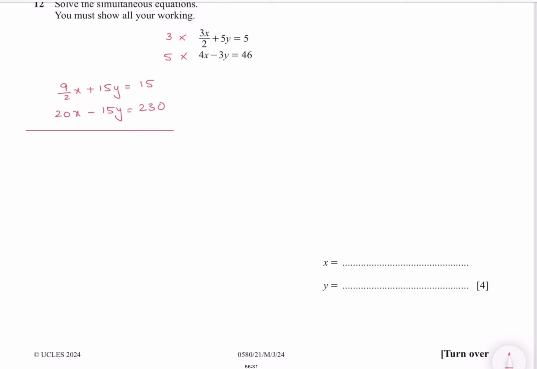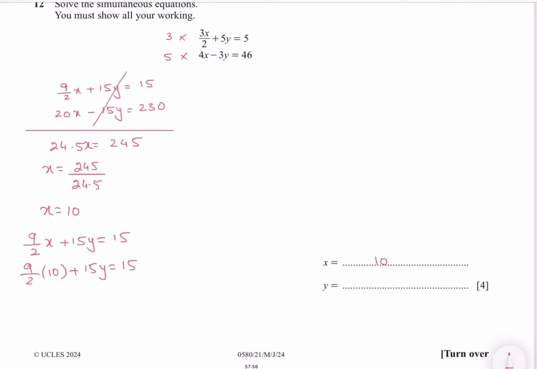Plus 15y minus 15y will be cancelled. So 24.5x equals 245. So x is equal to 10. Put this value of x in the upper equation, this one. Now find the value of y, which is minus 2.